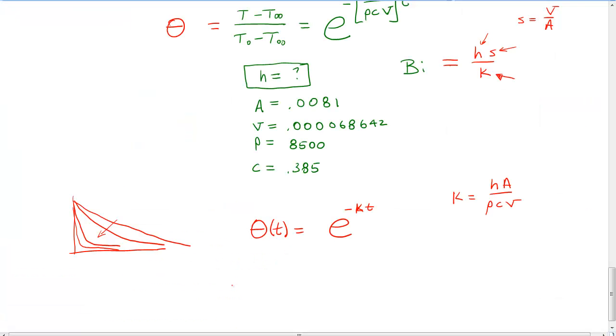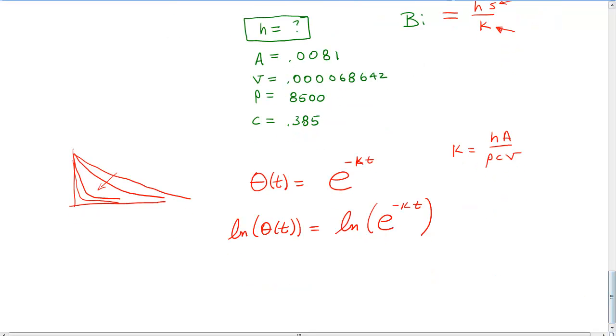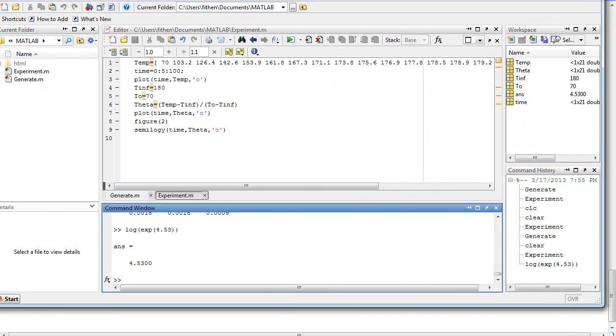We might get some insight here by taking the natural log of both sides. If we did that, and you can try this on your calculator if you felt like it, or just type in the log of any number.